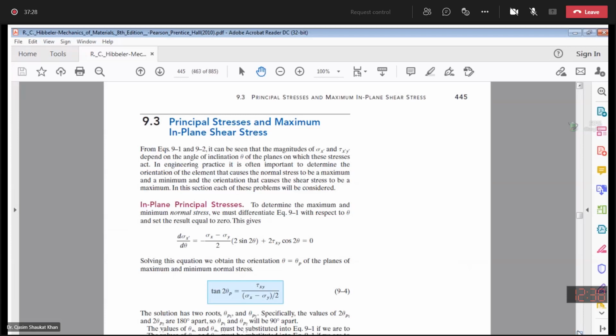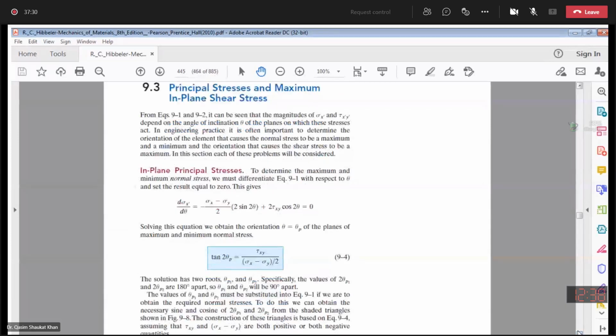Okay, so let's start. If you have any question, please ask me. Otherwise, we will start the new topic, that is plane stress, principal stresses and maximum in-plane shear stresses. Now, as you have seen in this question, you can calculate the transformed normal stresses and transformed shear stresses. But now the next question is that with the variation in theta, you will get different values of normal and shear stresses.